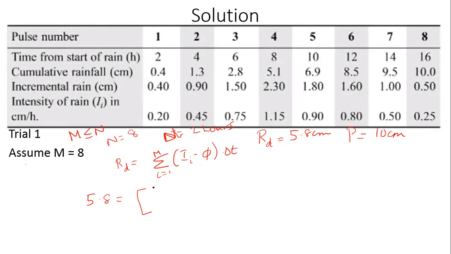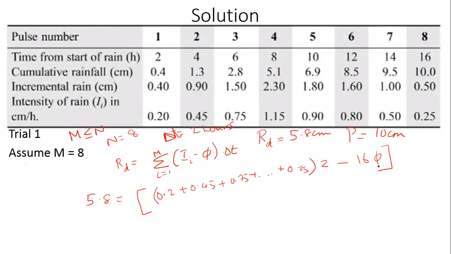It's 0.2, right? 0.2 plus 0.45 plus 0.75 and so on. The last one is 0.25, times 2 hours, minus 8 into 5 into 2, that is 16 into 5.